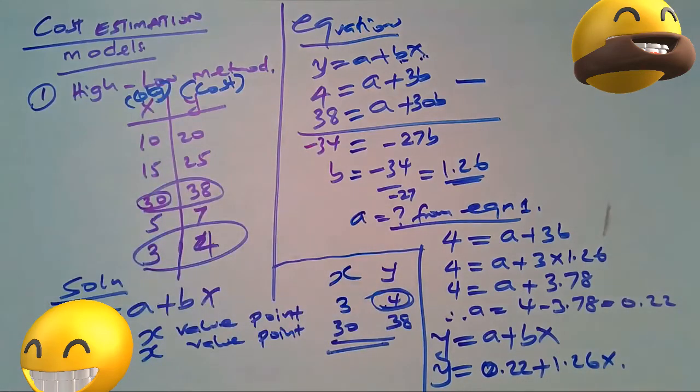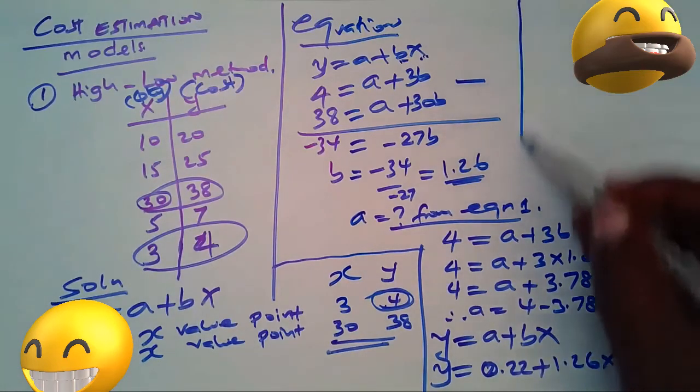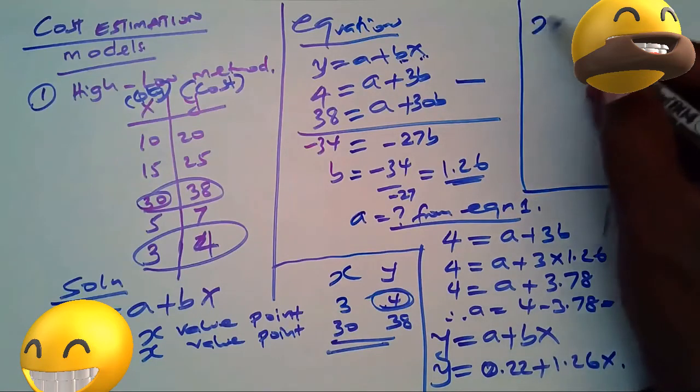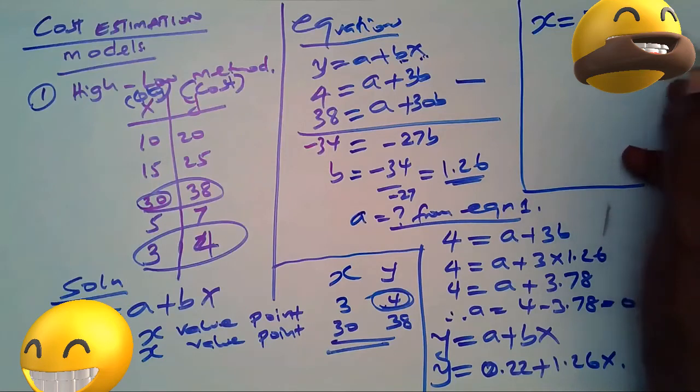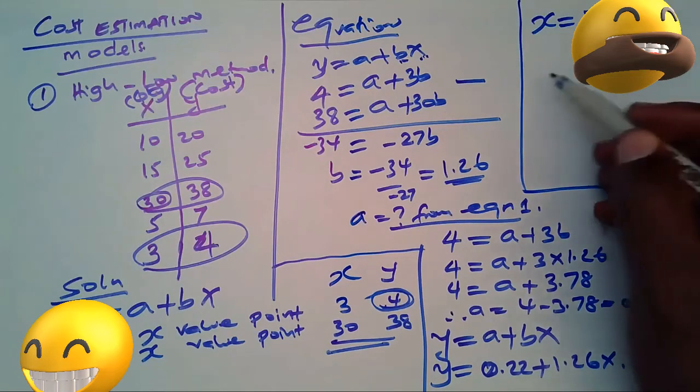I can now use this equation to estimate cost for whatever volume. If, for example, you want to know what our cost will be when we produce 35 units, I have a tool, I have an equation.